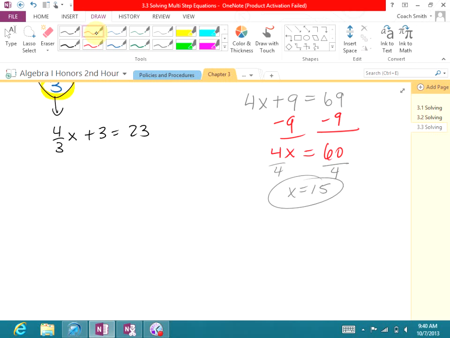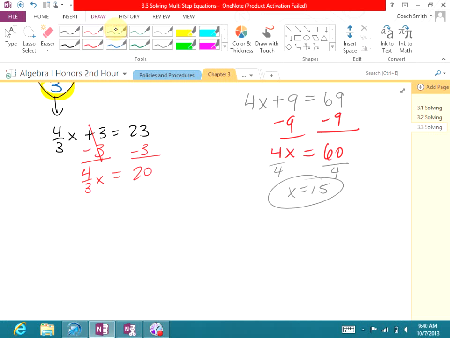So over here, with the fraction equation, you do the same thing. I subtract by 3, which cancels. 23 minus 3 is 20. 4/3 x is equal to 20. Okay?